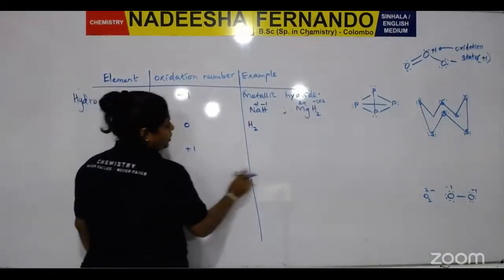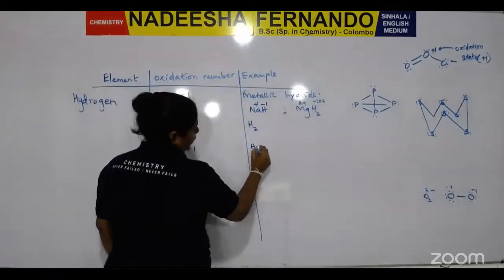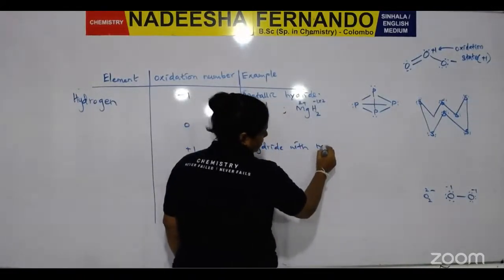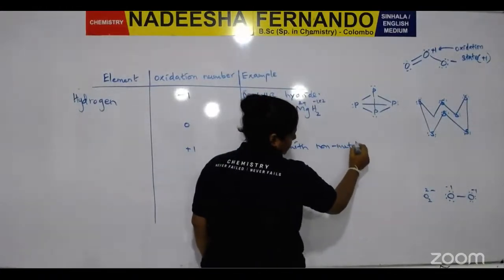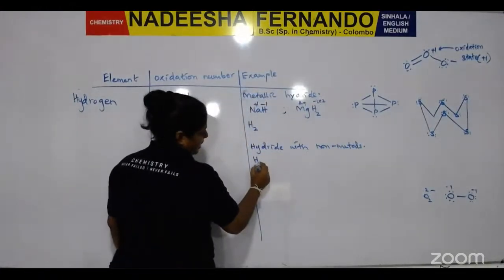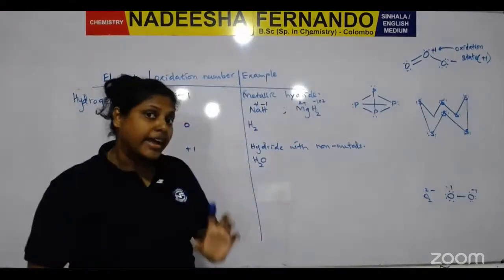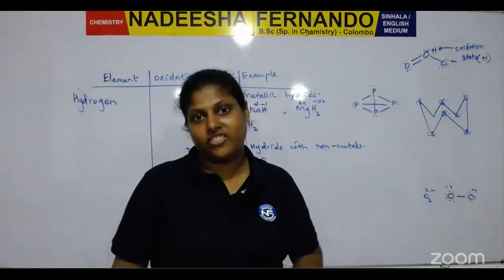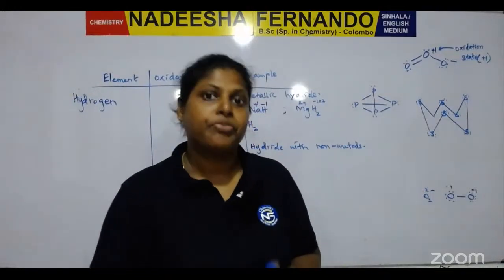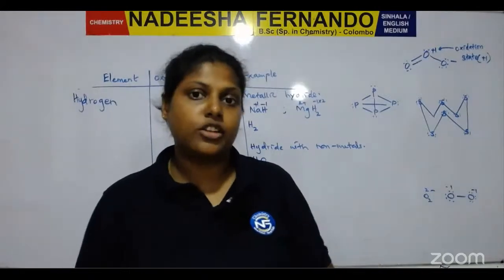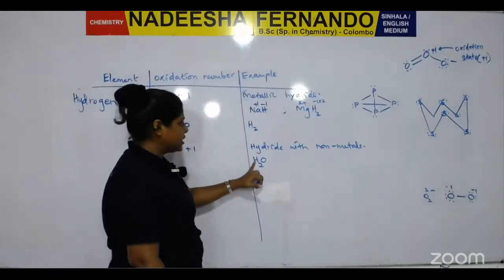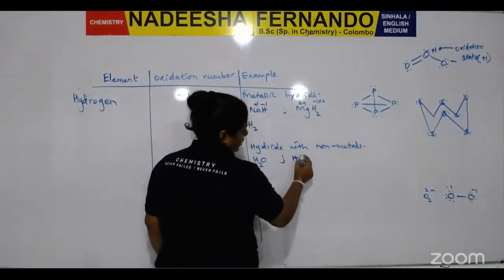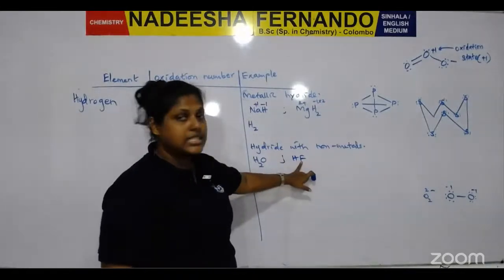H +1 oxidation state, hydride with non-metals. So H2O can be taken as hydride of oxygen, in other way, oxide of hydrogen. So hydrogen takes +1 because oxygen is non-metal. And HF. Fluorine is non-metal.